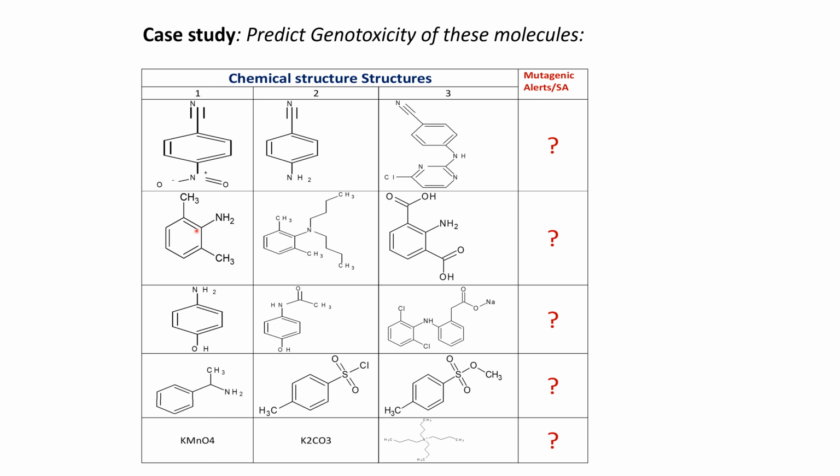As we discussed, these methyl groups, due to the plus inductive effect, can enhance the genotoxicity of this aromatic amino molecule. Similarly, other molecules can also be explained. This is all about the basic chemistry behind genotoxicity.